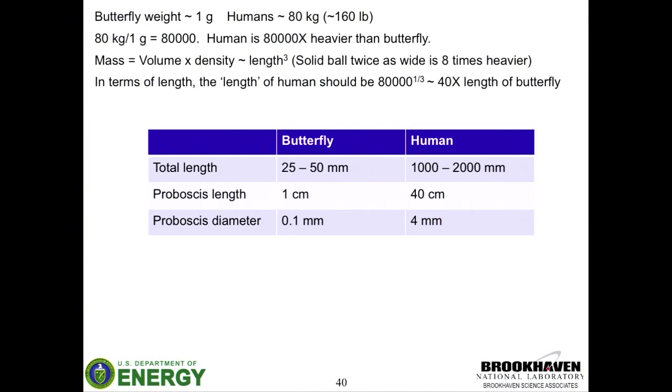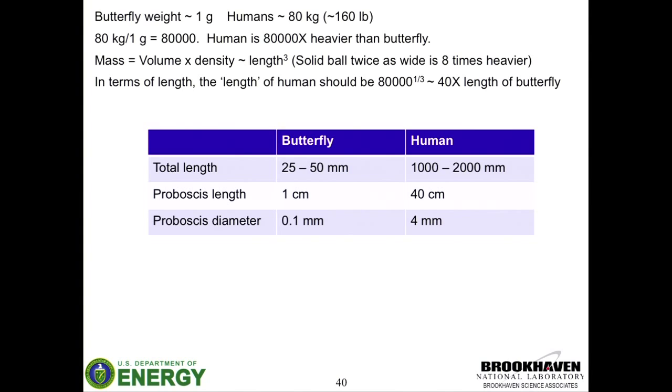Well, a butterfly is 25 to 50 millimeters, and 40 times that is about 1 meter to 2 meters. It's pretty close. The proboscis of a butterfly is about a centimeter, so the human equivalent will be about 40 centimeters. The diameter of the proboscis is 0.1 millimeters. The human equivalent would be about 4 millimeters.